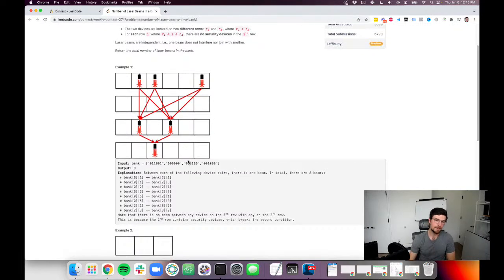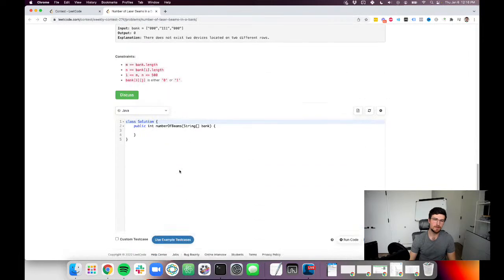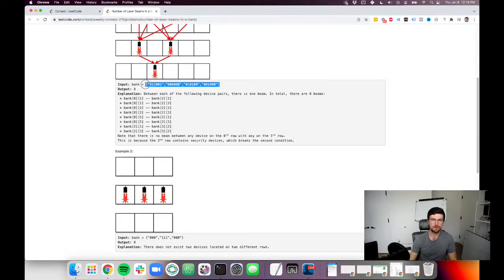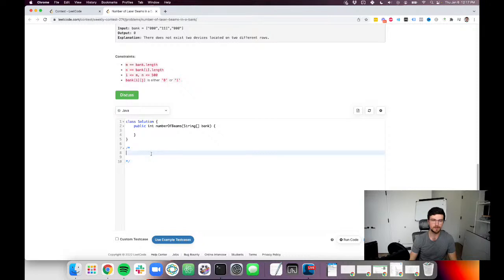So if we reduce this problem down, let's think about what we're actually doing here. Our rows look like this, and I'm going to split these into multiple so that we can see what it actually looks like. We're looking at whether there are ones in a given row.